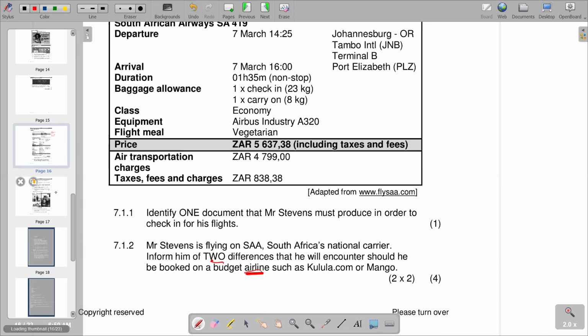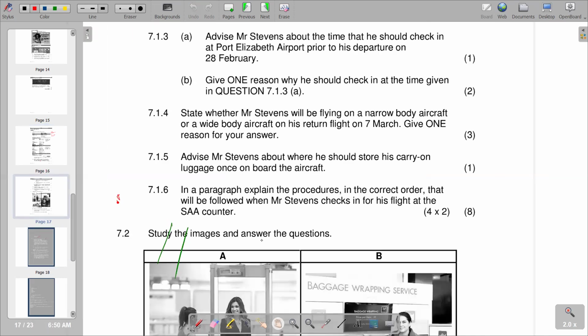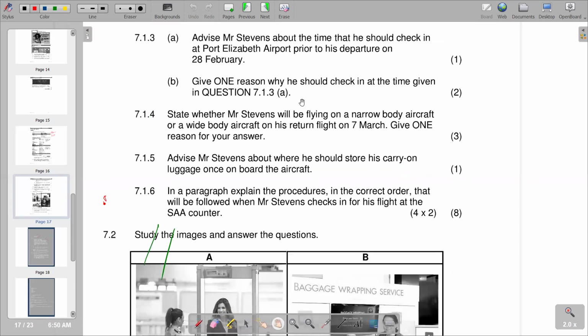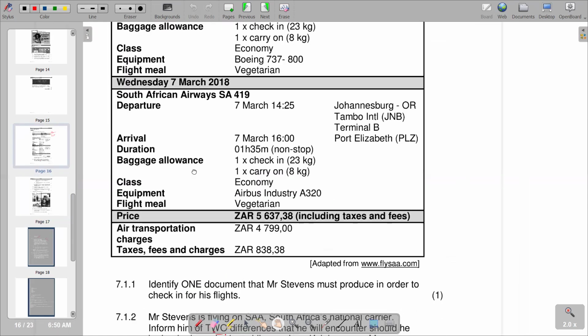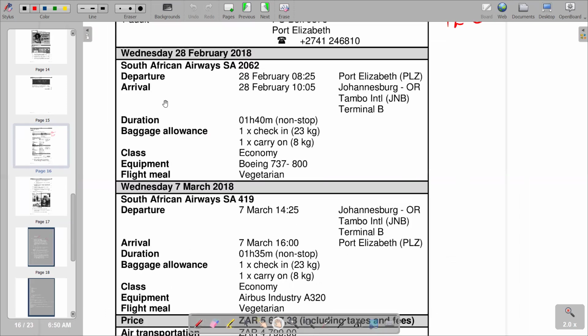So from there, we go to the next question that we have, which is now 7.1.3. And it reads, advise Mr. Stevens about the time that he should check in at Port Elizabeth Airport prior to his departure on 20th February. So we got there the information given, and we see that on 20th February, the departure time is stated.